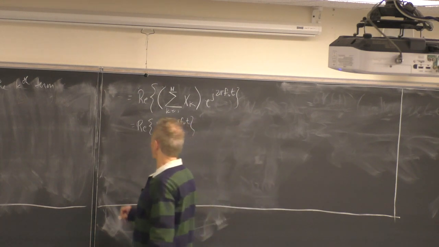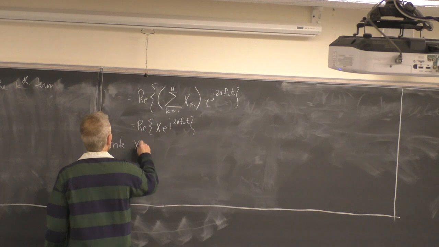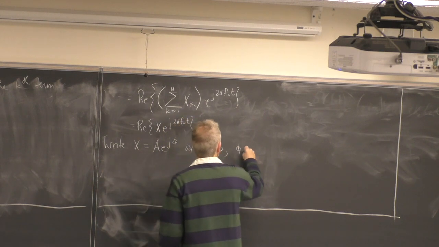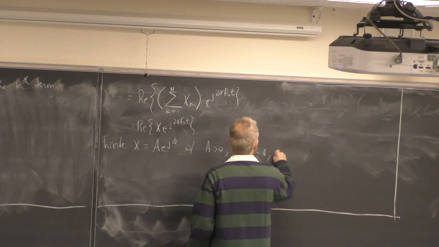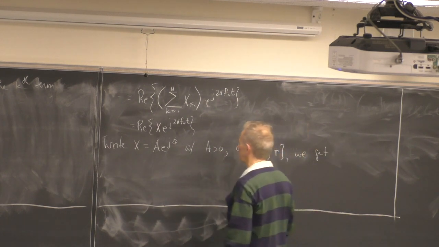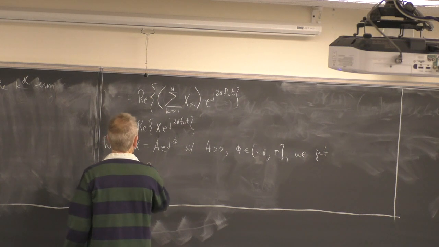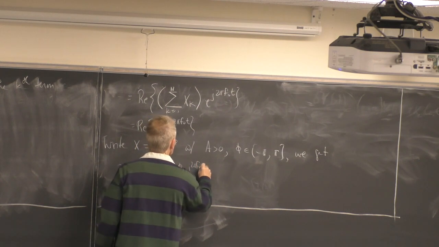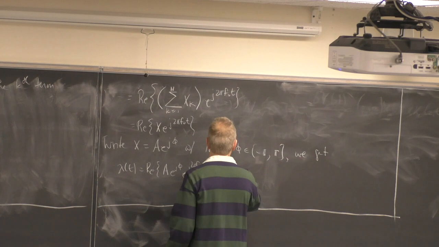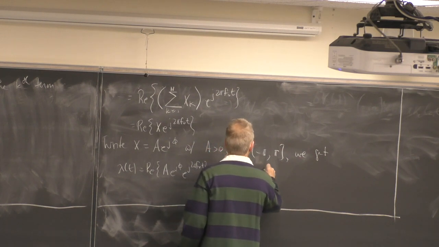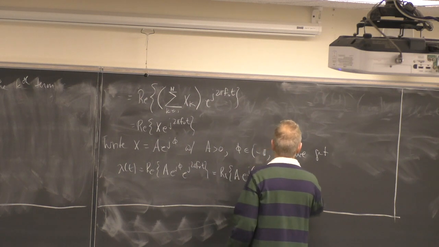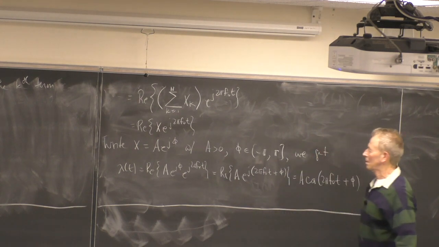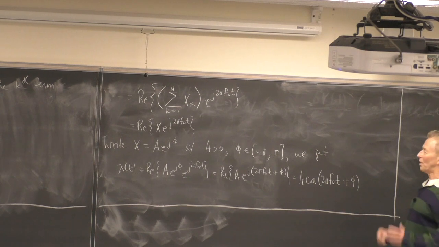And if we write x in polar form as a e to the j phi with a positive and phi in the interval minus pi to pi, we get x of t equals real part of a e to the j phi e to the j 2 pi f0t, which is just real part of a e to the j 2 pi f0t plus phi, which is just a cosine 2 pi f0t plus phi. So that proves our basic fact.